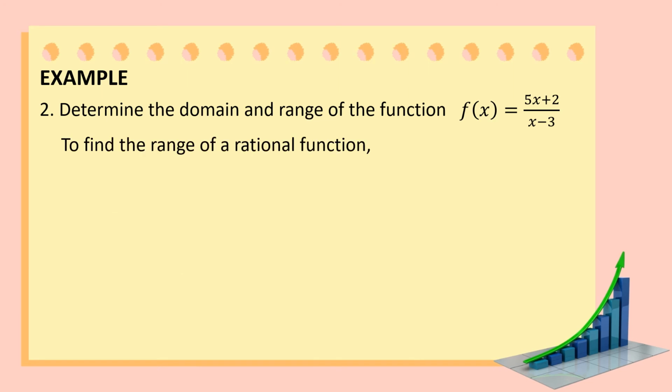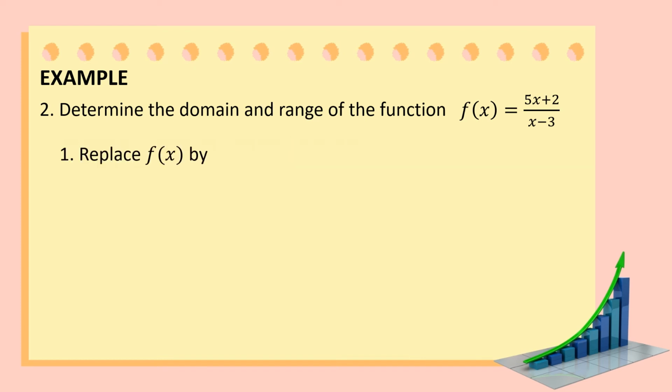To find the range of a rational function, you have to follow these steps. First, you need to replace f of x by y. So f of x equals the quotient of the sum of 5x and 2 and the difference of x and 3 is now written as y equals the quotient of the sum of 5x and 2 and the difference of x and 3.